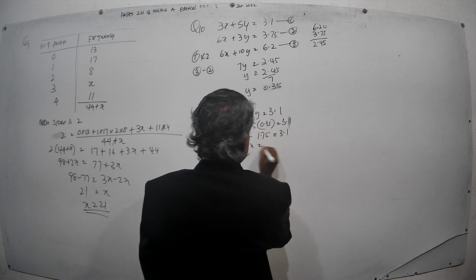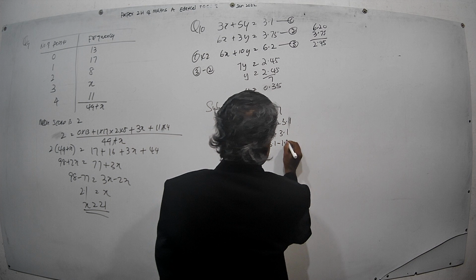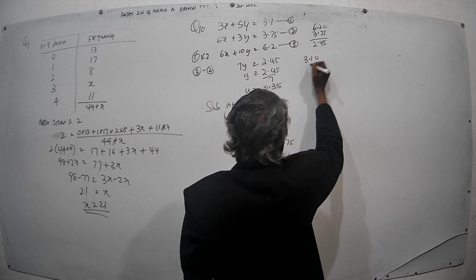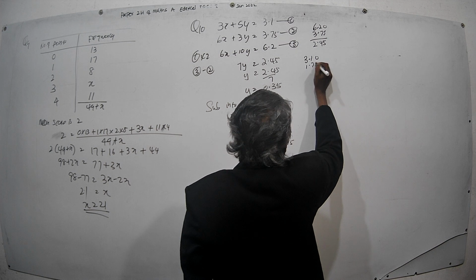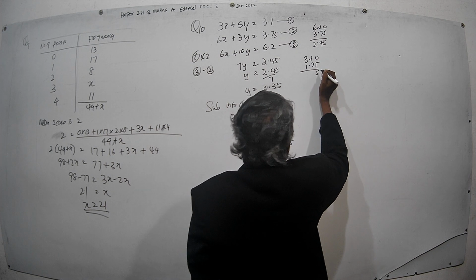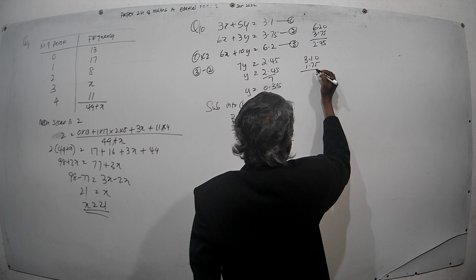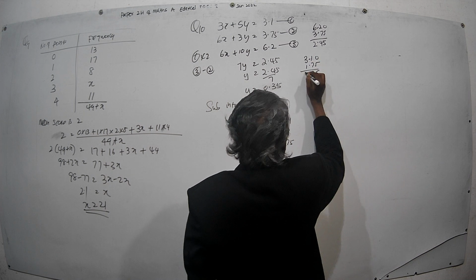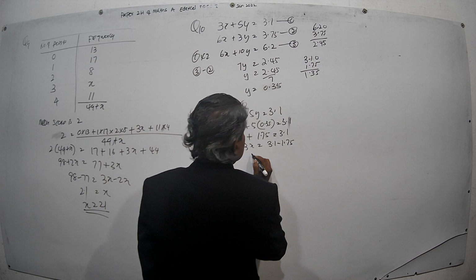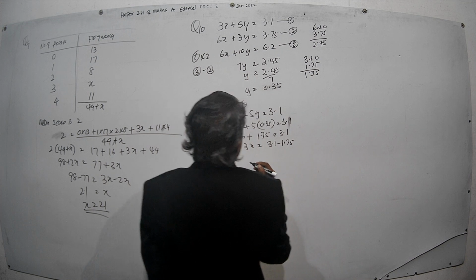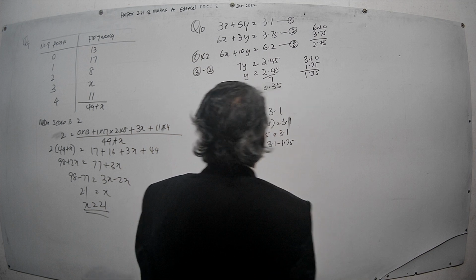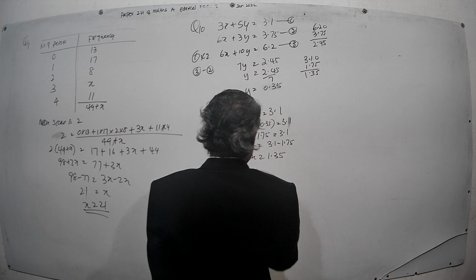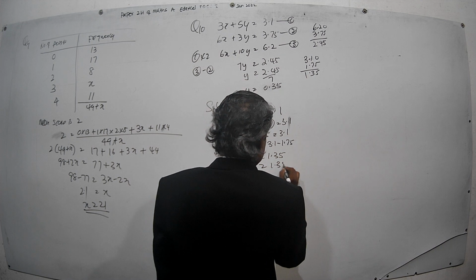Take that to that side. Then 3x equals 3.1 minus 1.75. 5 from 0 is 5, then borrowing 1, 10 minus 7 is 3, and 2 minus 1 is 1. So 1.35. Then 3x equals 1.35, so x equals 1.35 divided by 3.